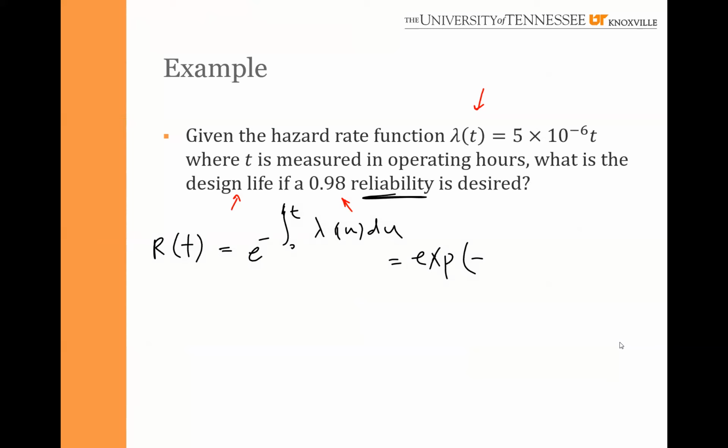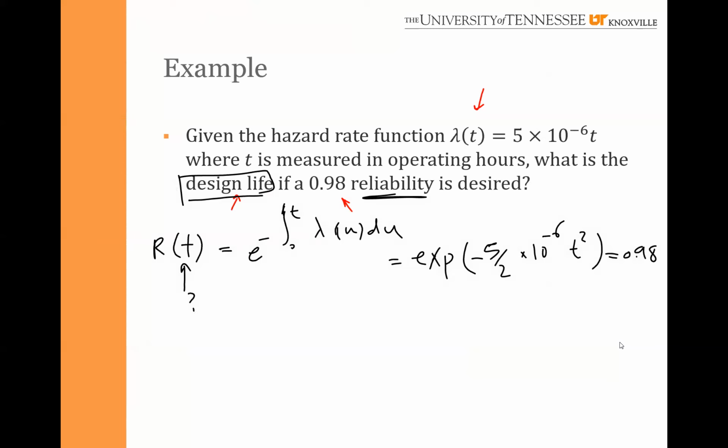If I integrate, let me skip a step, I get minus 5 over 2 times 10 to the minus 6 t squared. I integrated everything. Now, what do I want? I want the design life, so I set this equal to 0.98 to find the t corresponding to that.